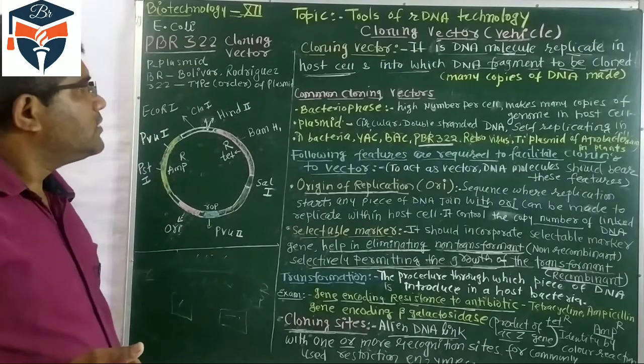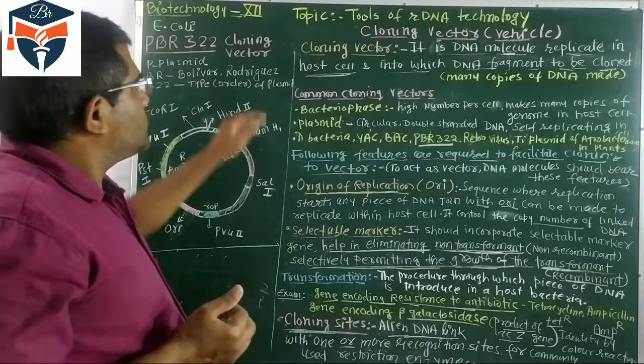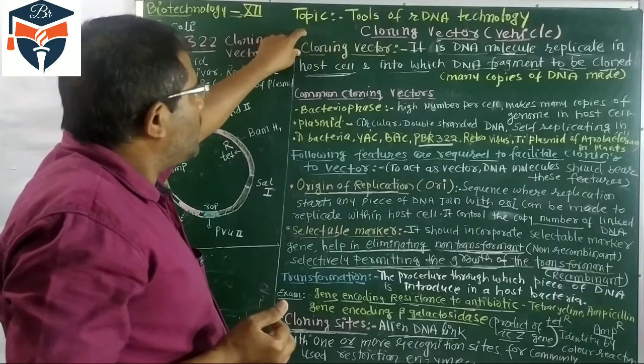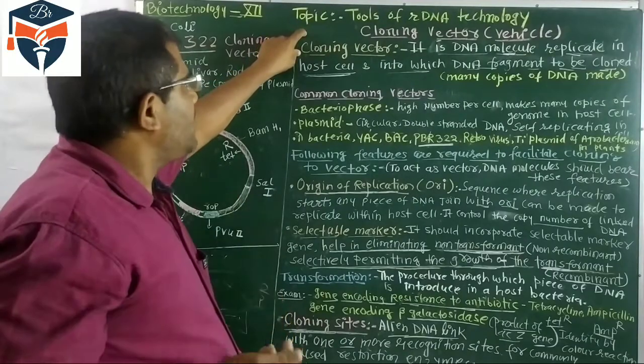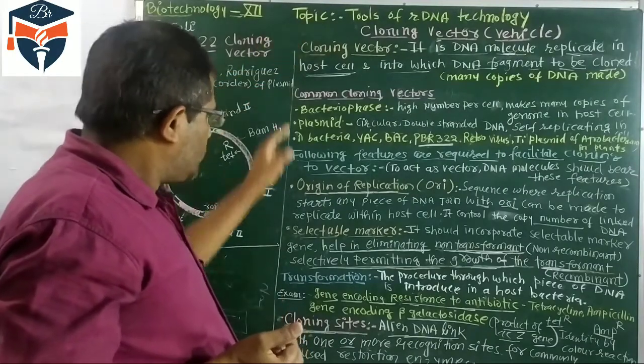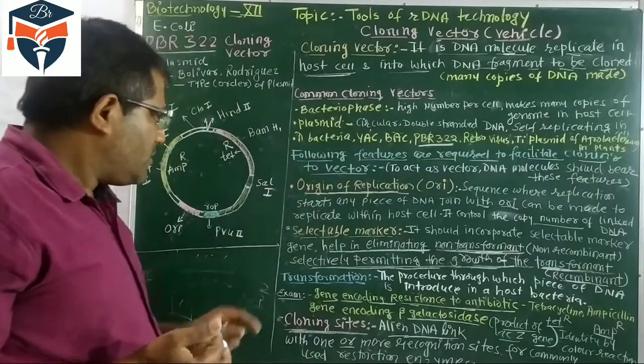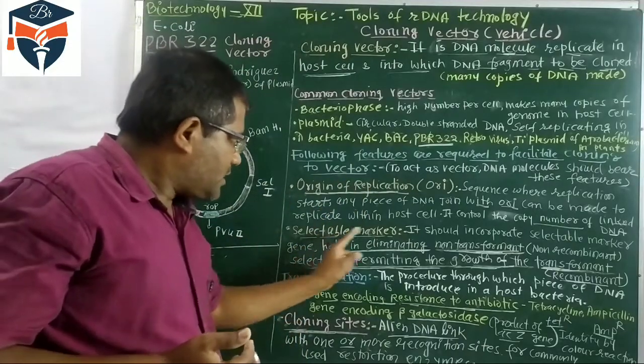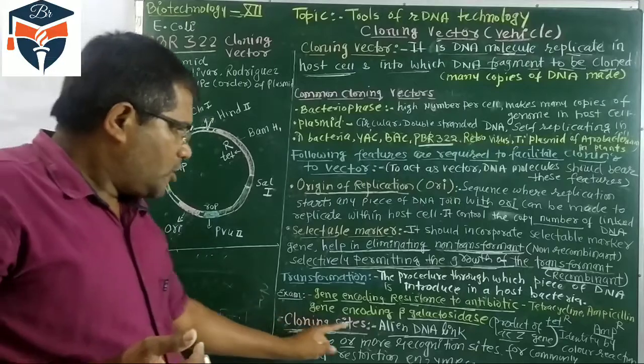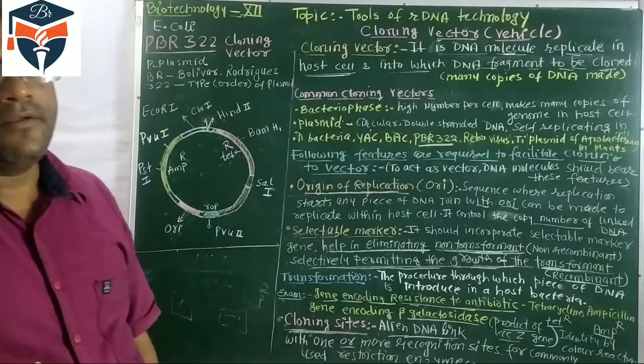So it is very important. Each DNA molecule which can act as a cloning vector should have an origin of replication, a selectable marker and a cloning site. Thank you.